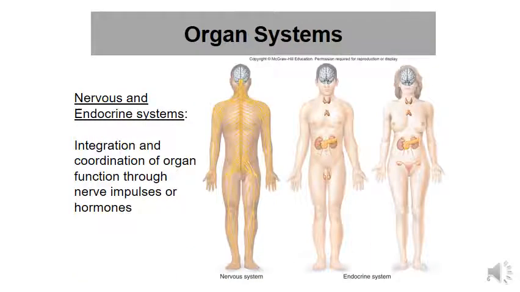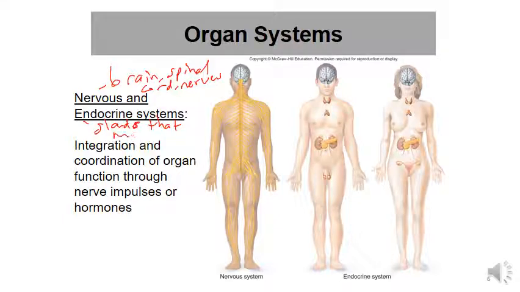Nervous and endocrine systems, these are involved in homeostasis. Nervous system, your brain, spinal cord, nerves. And then the endocrine system, these are the glands that produce hormones. Glands, so it's supposed to be an S, that make hormones.